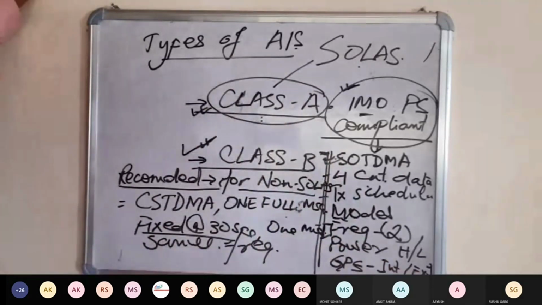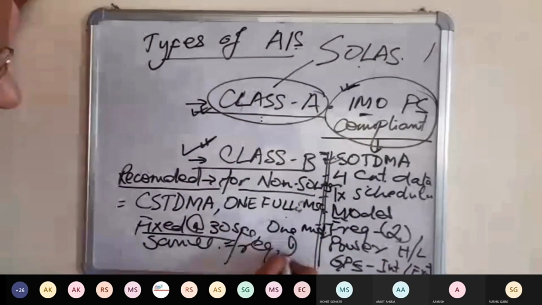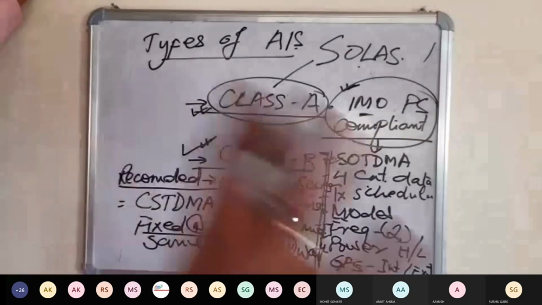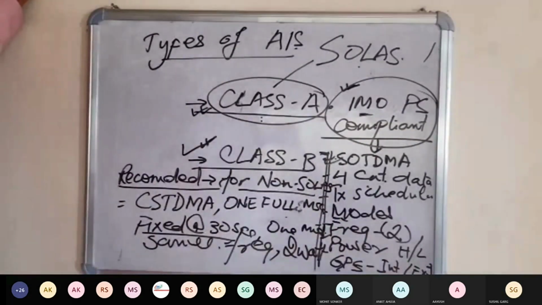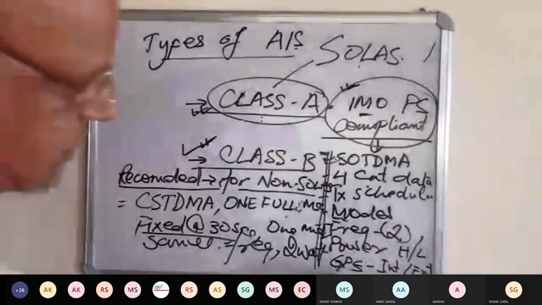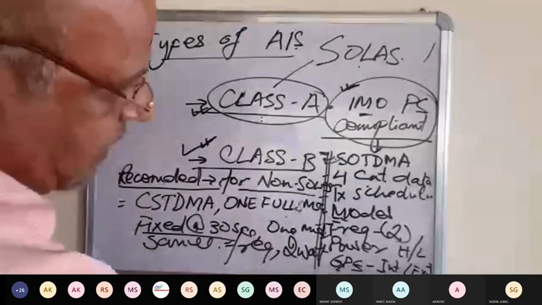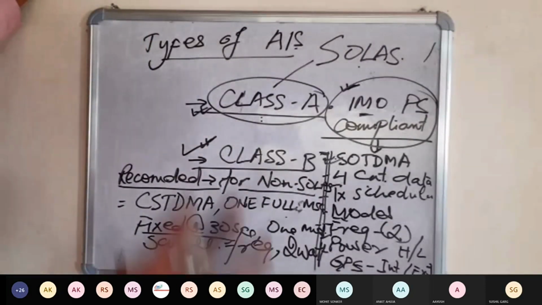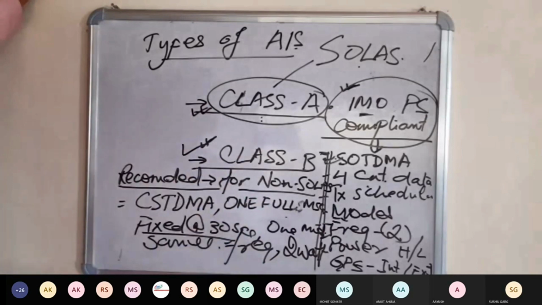Power, which was high-low, no, it is fixed at 2 watt. हम लोग देखेंगे पिक्चर में, अभी यहाँ थोड़ा खिचड़ी हो रहा है, but we'll take a look in a table form when we see the slide. GPS, which is possible, is internal and external. या तो इंटरनल होगा AIS में, या एक्सटर्नल भी हो सकता है, बाहर से GPS का इनपुट हम दे सकते हैं.